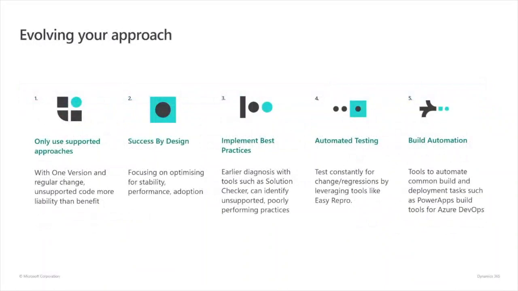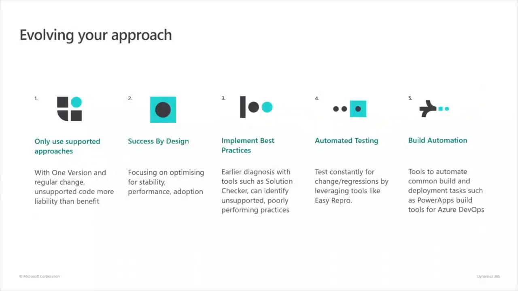Going forward, with the evolution of the platform, we also need to evolve the way we think about building on top of the platform, right? These are some of the 4 or 5 points that we wanted to highlight, and they should be on top of mind whenever you're designing your solutions or customizing the CDS or the Powerapps platform. First, use of supported approaches.